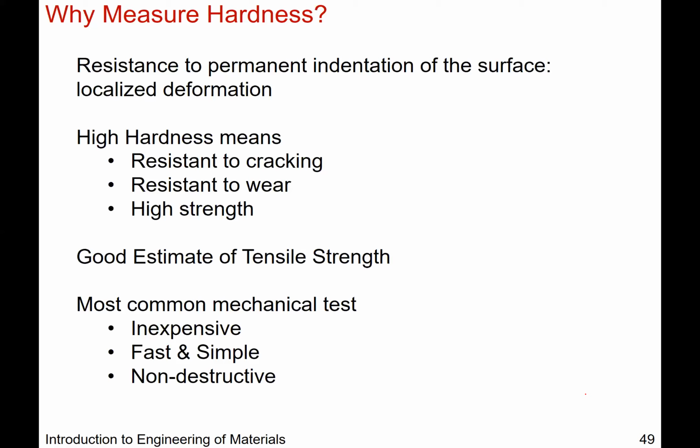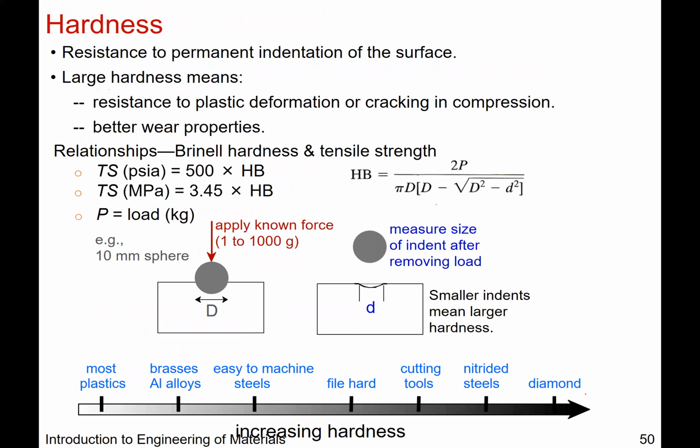In your book, it discusses several standard ones, and they can be converted from one system to another by some multiplication factor. One of the more common ones is the Brinell hardness testing. Basically, you take a standardized sphere, could be 10 millimeters, and you drop it on your material.